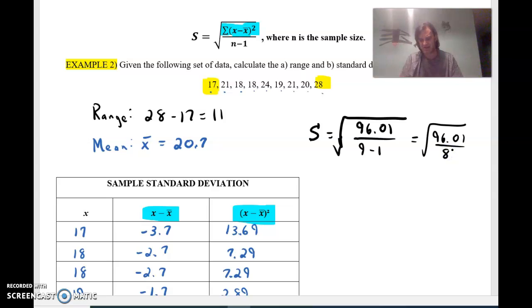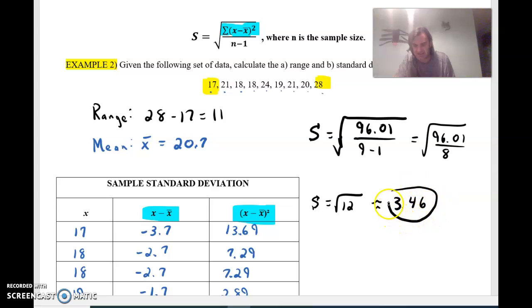So let's do that in our calculator. 96.01 divided by 8 gives me 12 something, and the square root of that, just following up here, I got the square root of 12, which is about 3.46. So that's a measure telling me how spread out this data is, this little list.